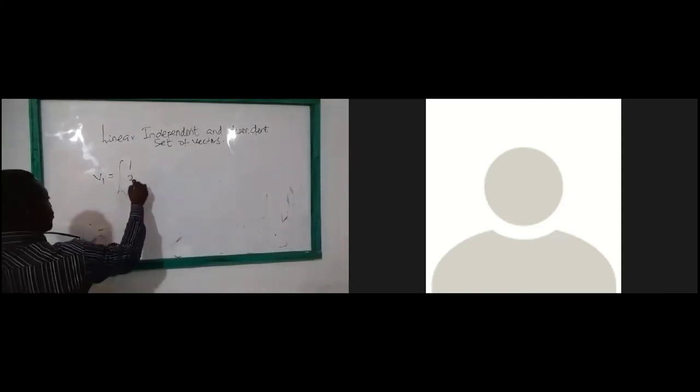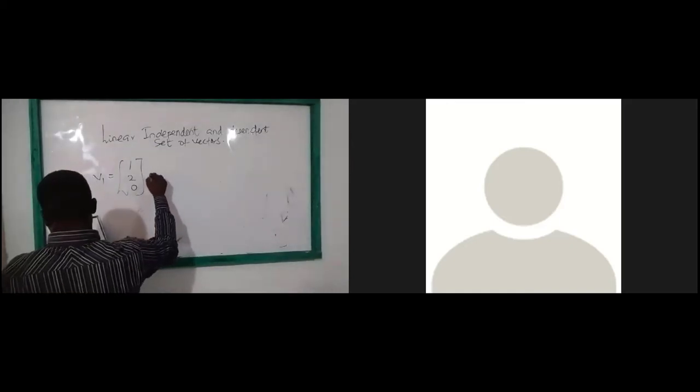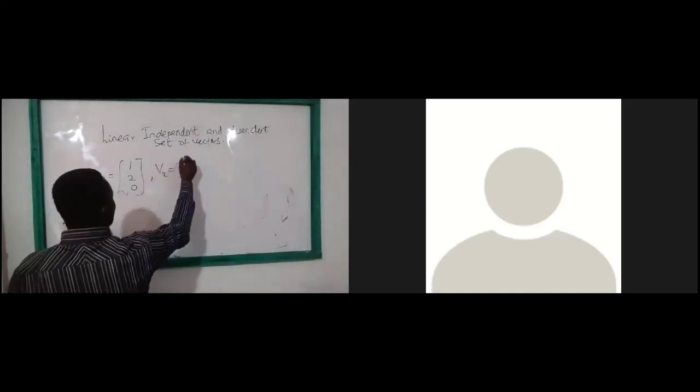So if we have V1 equals 1, 2, 0, and then we have V2 equals 2, 1, 3, and then V3 equals 5, 3, 4.